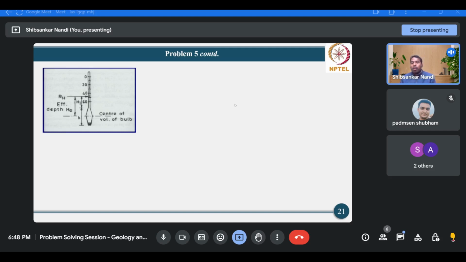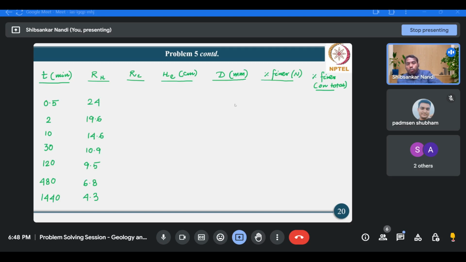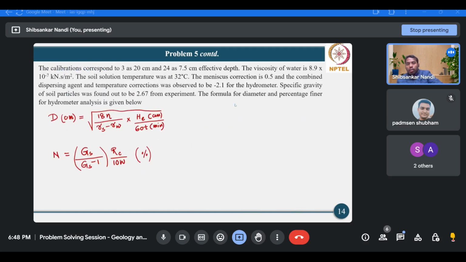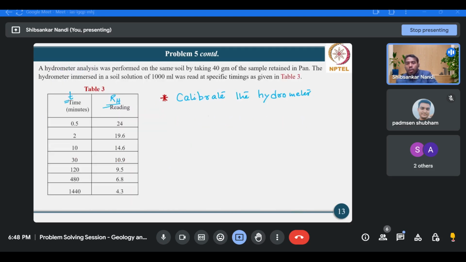After making the solution or suspension, this is the container, suppose, and this is the 1000 ml soil solution where 40 gram of soil solids is mixed.